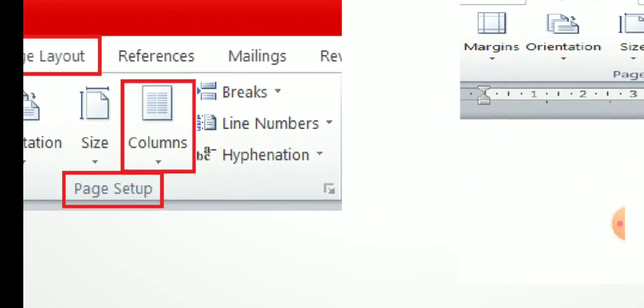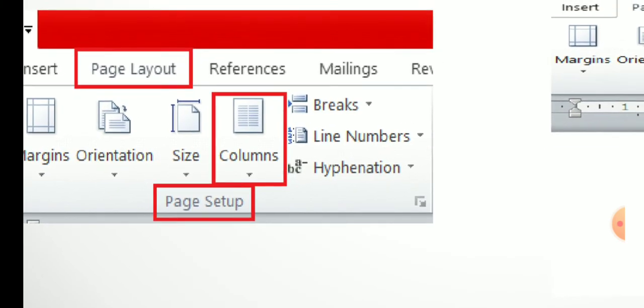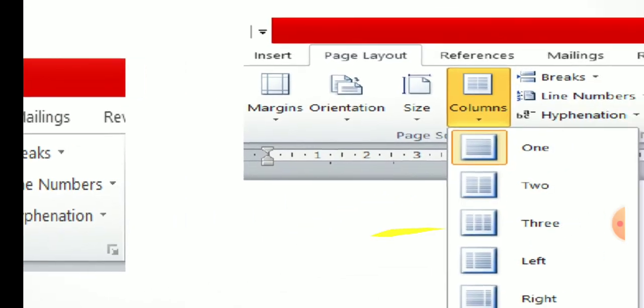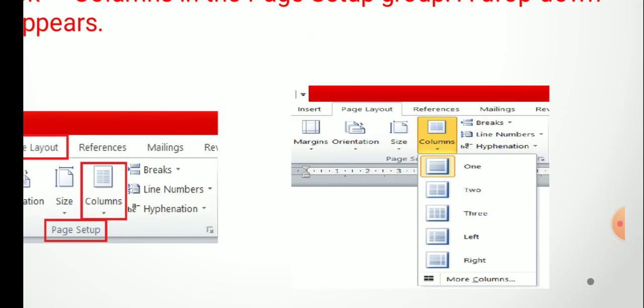If you select Columns, you can see a drop down list. See here in this picture, you select Page Layout, and under that the Page Setup group, and in that group we select Columns. Then you can see the drop down list: 1 column, 2 columns, 3 columns, Left or Right, and then More Columns.